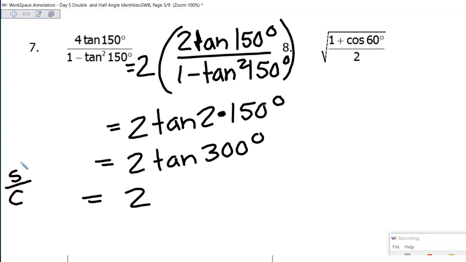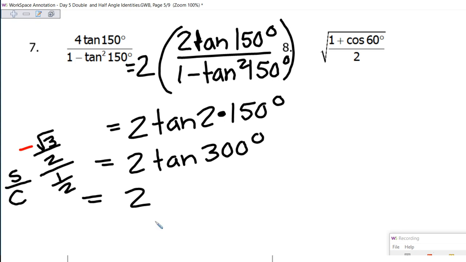60 degrees. So the sine of 60 degrees is square root of 3 over 2, and the cosine is 1 over 2. And if we're talking about 300 degrees, which quadrant does it fall in? Quadrant 4 is where it terminates. And I know in quadrant 4, the sine is negative, the cosine is positive.